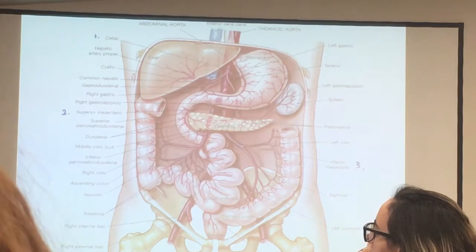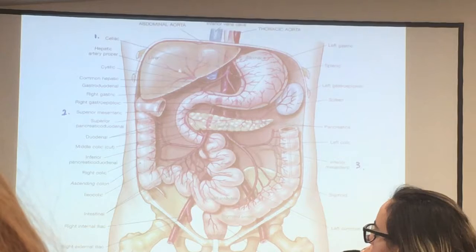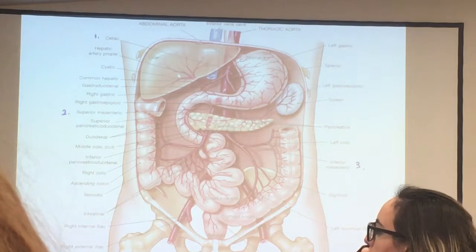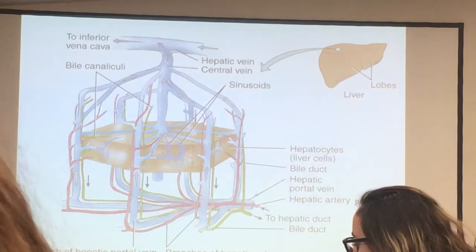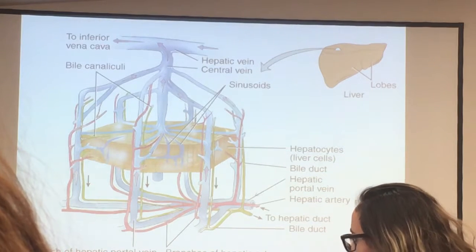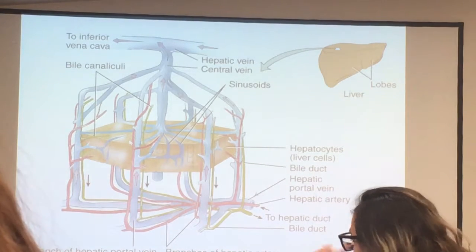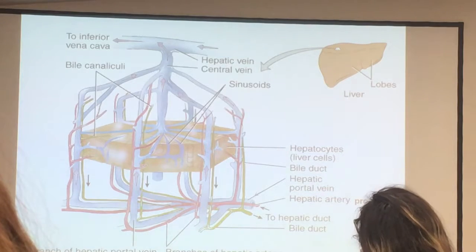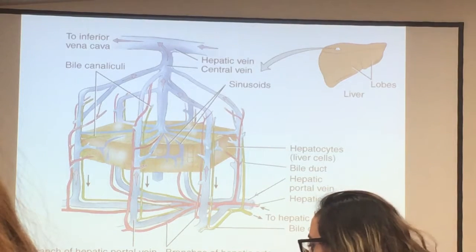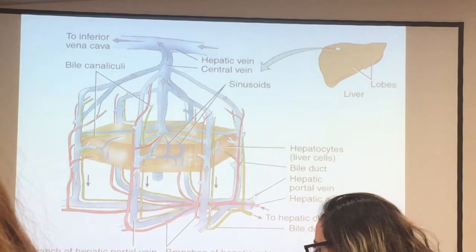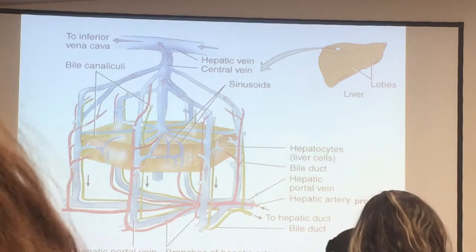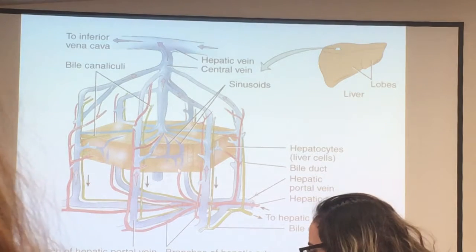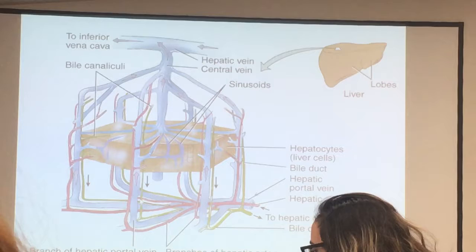In chapter 24, we talk in more detail about how they enter the liver. Every liver has a functional unit we call the hexagon lobule. The branches of the hepatic portal vein go to every 6 corners, the hepatic artery proper goes to all 6 corners, and the bile duct goes to all 6 corners.